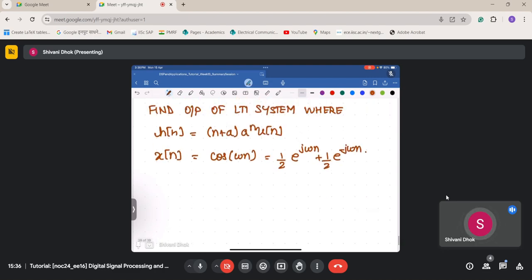And then what they did is something like this. This y of n is equal to h of n convolved with x of n. This we can write as summation k running from minus infinity to infinity h of k into x of n minus k.